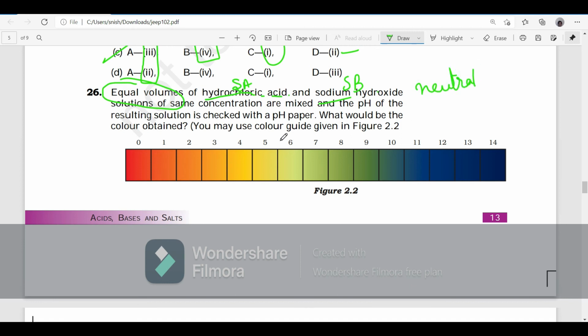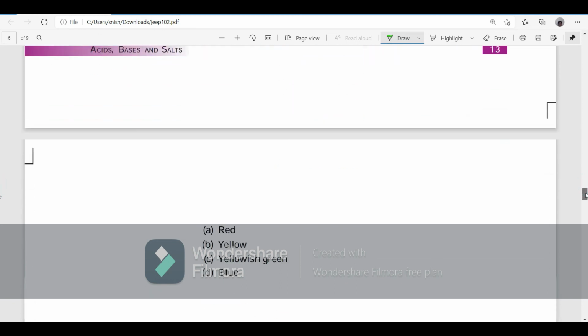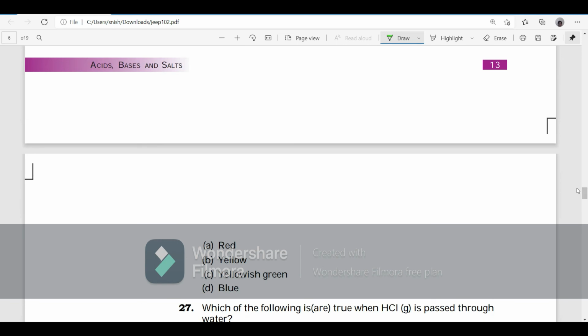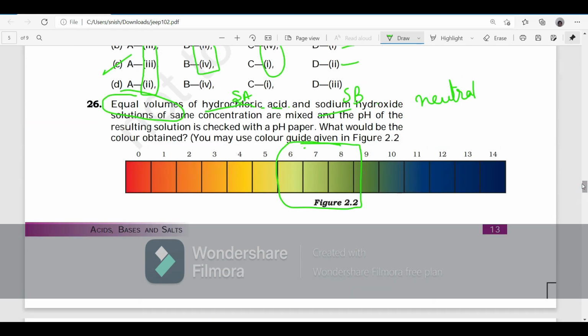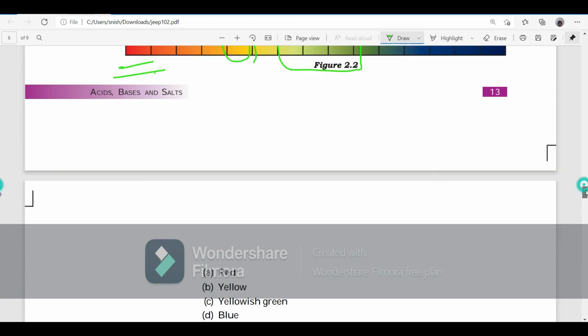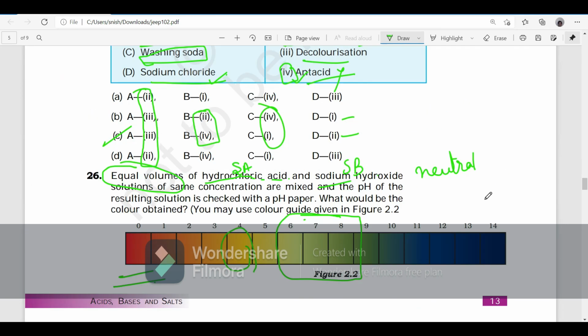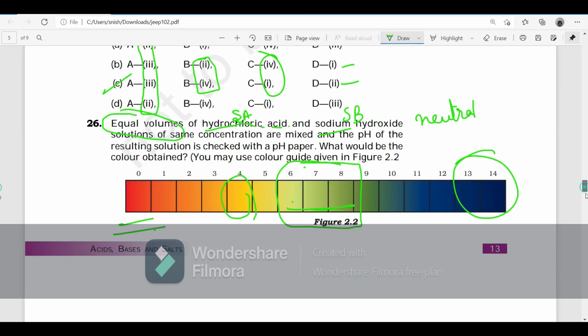So your color should be around pH 7. Is it red, yellow, blue or yellowish green? Red is extremely acidic. Yellow is more towards the acidic. Blue is extremely basic, so it should be yellowish green.